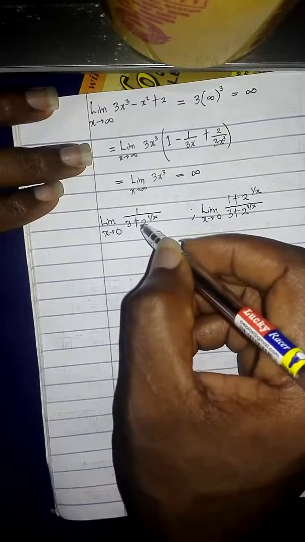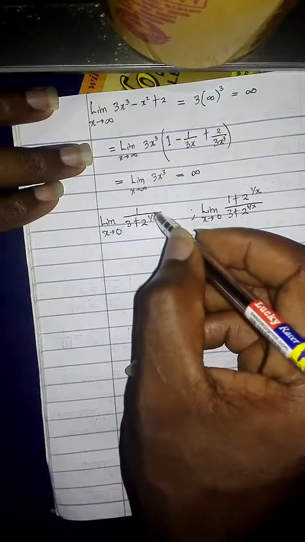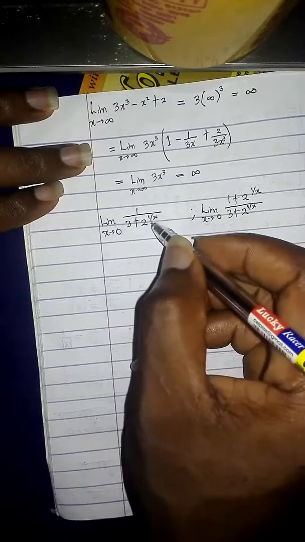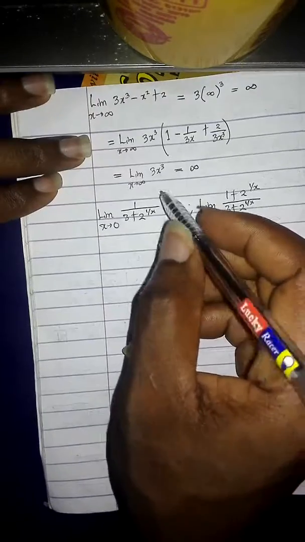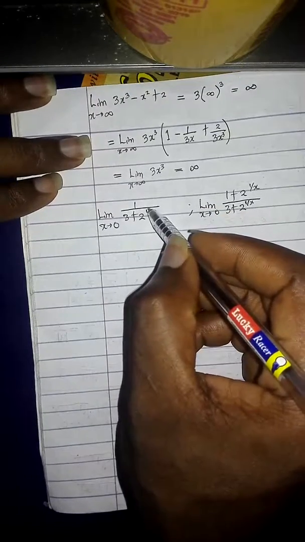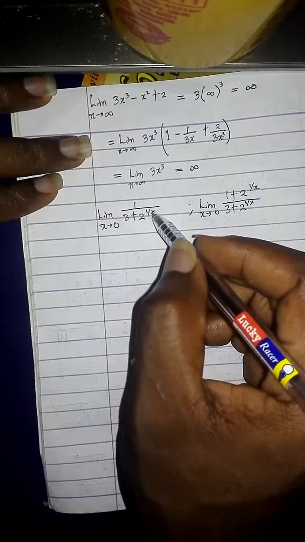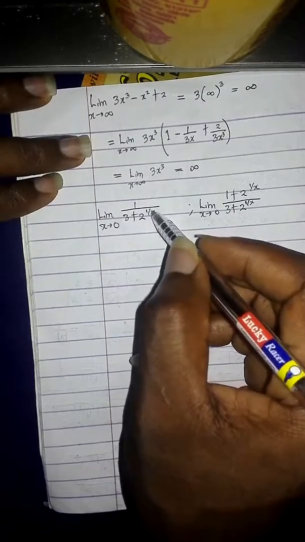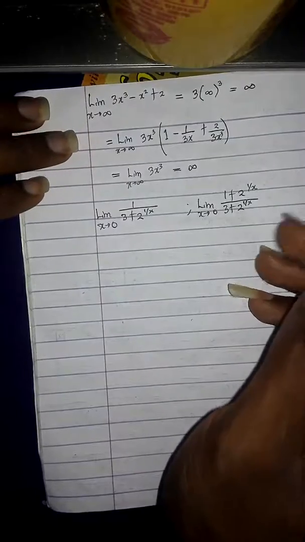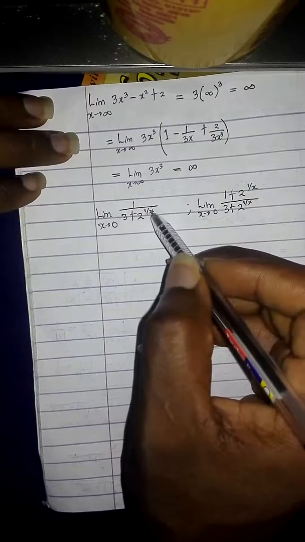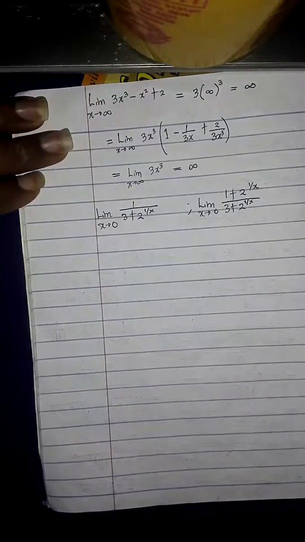Every other portion is some constant, so this is the only portion that determines the dependence on x. So you have to be careful with this portion. As a matter of fact, you should know that the limit of this is simply plus infinity from above and minus infinity from below. From what we have done previously, you know that the limit of 1 over x does not exist.